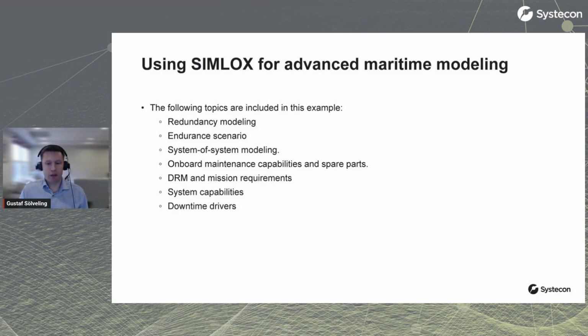And one of our new features in SimLogs is the ability to look at downtime drivers in order to get a direct connection between the performance of the system as a whole and map that down to individual parts, individual resources, maintenance, and so forth, to see if we have the flexibility to make changes. Where do we want to add parts? Where can we remove parts? What are our bottlenecks, and so forth?